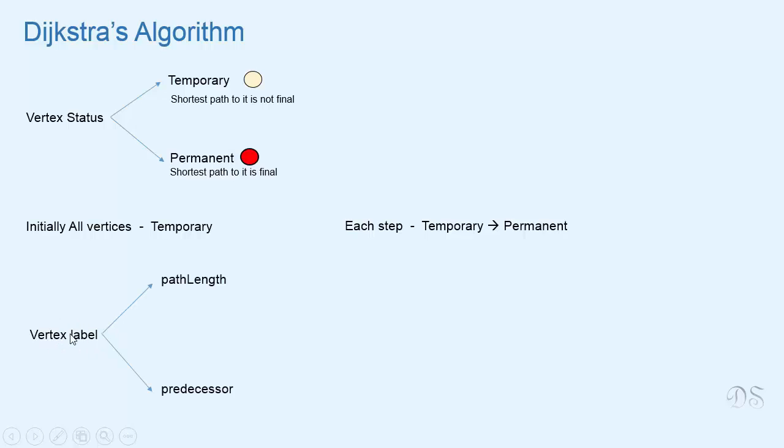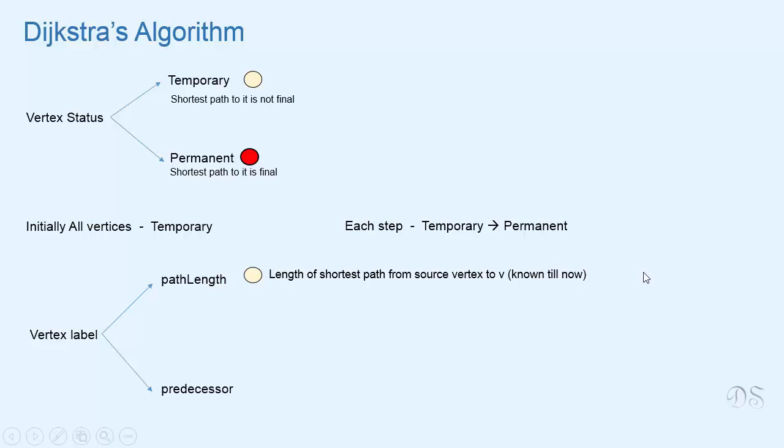Each vertex will be labeled with path length and predecessor. At any point of the algorithm, the path length of a temporary vertex denotes the length of the shortest path from the source vertex to vertex v known till now, that is, known till that point of the algorithm.